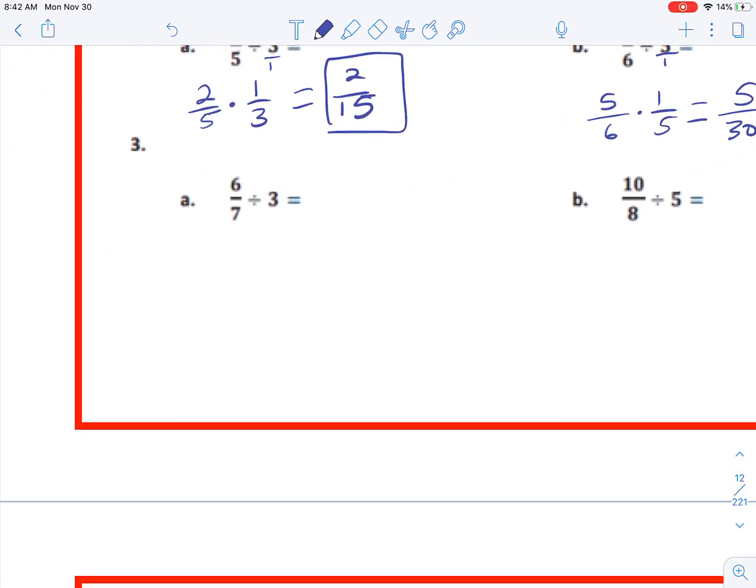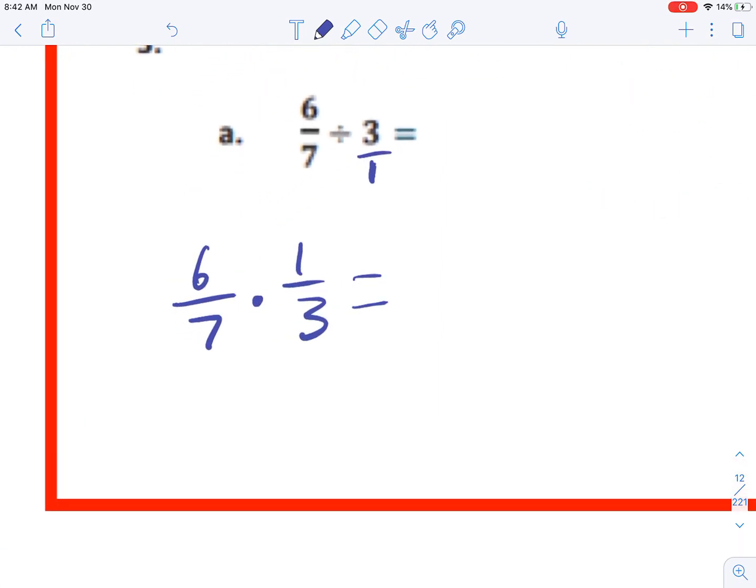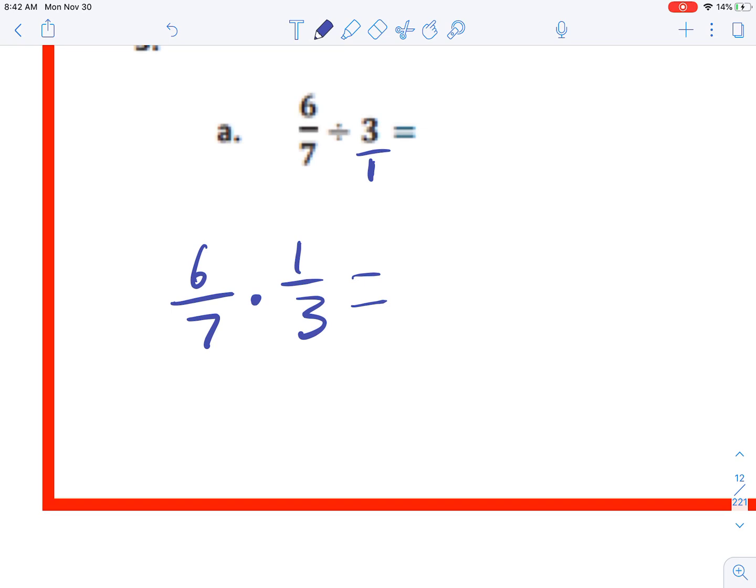Okay, last row. Letter 3, 6/7 divided by 3 over 1, or 3. 6/7, skip dot flip, 1/3. Okay, a rule that we can do here, you can cancel out across. So if I'm looking at 6 and 3, I can cancel out before I do anything, okay?